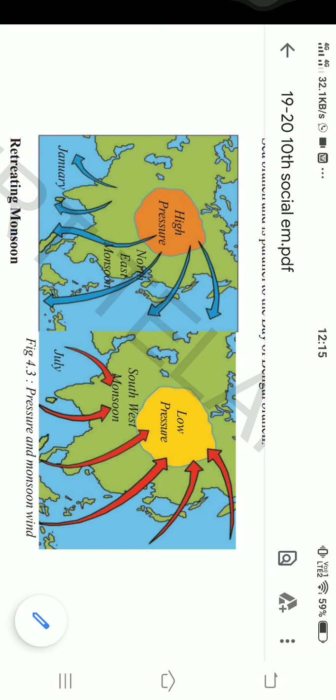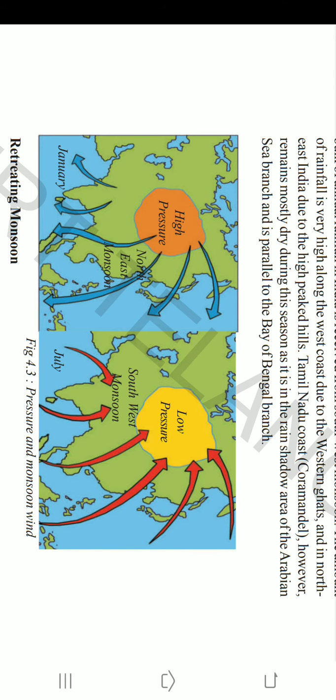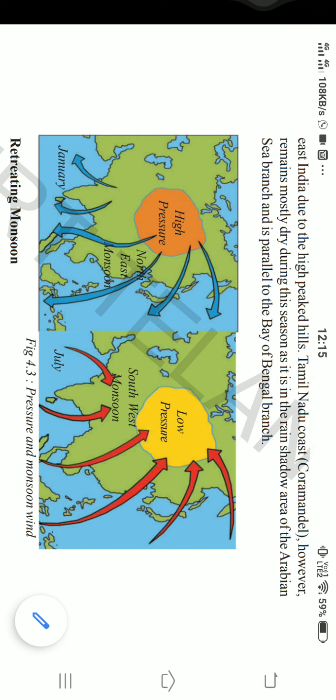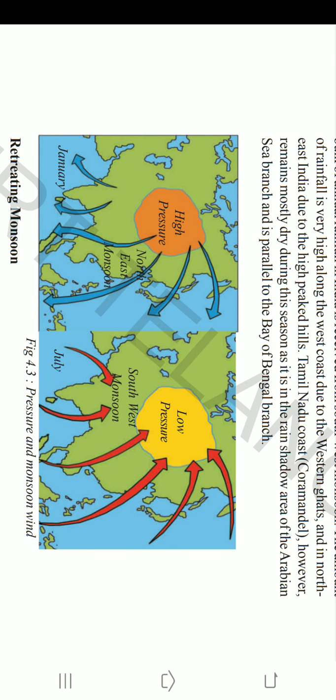So at North India, sun rays falling vertically form a low pressure belt. By June, we see the vertical fall of sun rays on the Tropic of Cancer, right? From the Tropic of Cancer, a low pressure belt forms in the north part of India, and a very intense low pressure belt forms at the Tibet plateau, and a high pressure belt forms on the Indian Ocean.